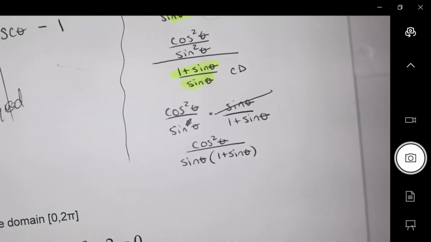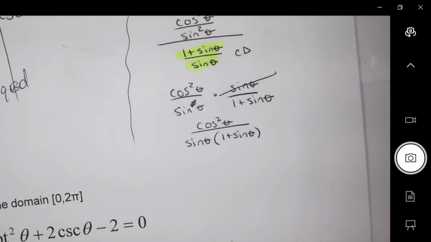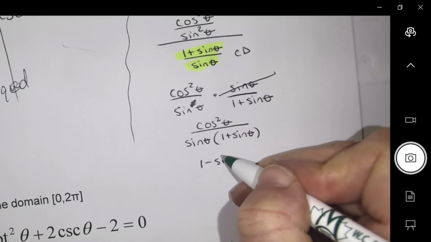So that was a cancel maneuver. Now what? I'm trying to get to that other side. Do you see what's going on? There's no cosines in this, so I need to think, what could I do to get that cos stuff out of there? I could substitute.